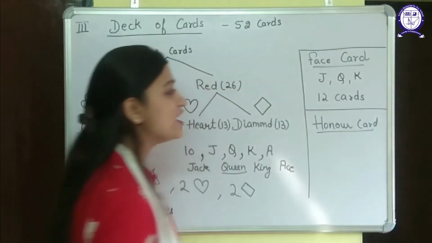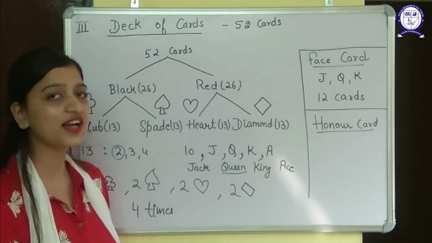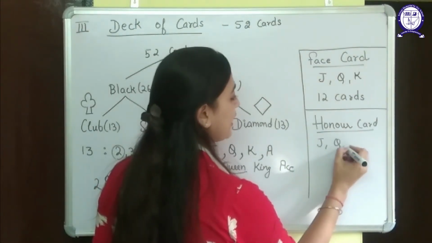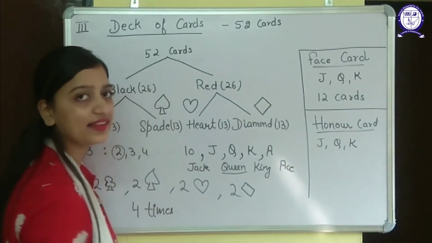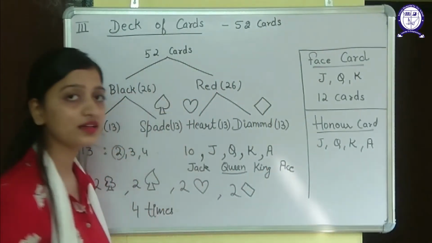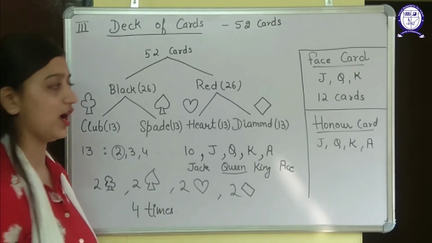Honor cards means the cards which are special, and the special cards are nothing but Jack, Queen, King, and one more thing, that is my ace. These are my other special cards. They are honorary cards. That's why the name is honor cards.